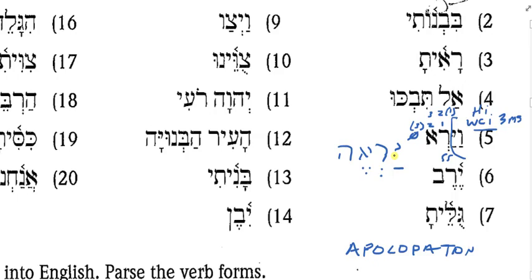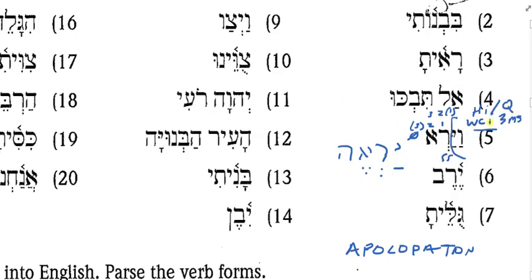So if you look at the vocab list for the chapter, do you see how for the qal of ra'ah, he gives you the preterite, or what we're calling the WCI, and it's apocopated as well, and it's vayar. Okay? So the qal and the hifil WCI end up looking identical to each other.